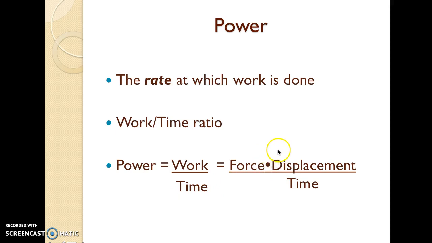If we have a force times the quantity displacement over time, well, what is displacement over time? That's a velocity. So we can also think of this as a force times a velocity. To get a little bit more specific with that, this would be the force required to move an object at a constant velocity. So if you know those variables, then you can also calculate the amount of power output.